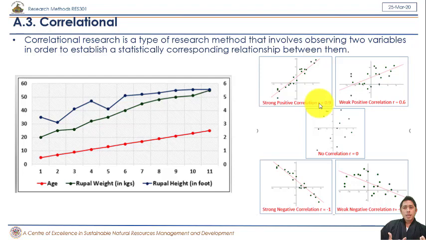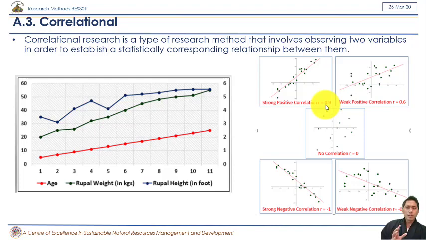So we may not have a very strong correlation, and R will not be equal to 1, R may be less than 1, R may be even less than 0.5. So looking at the value of R, we can tell whether the strength of correlation is high or low.